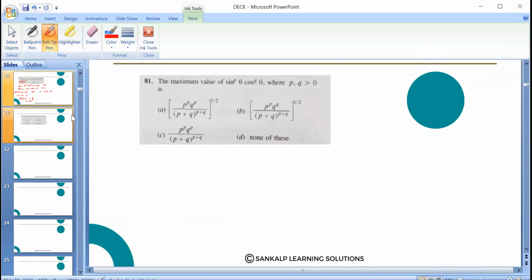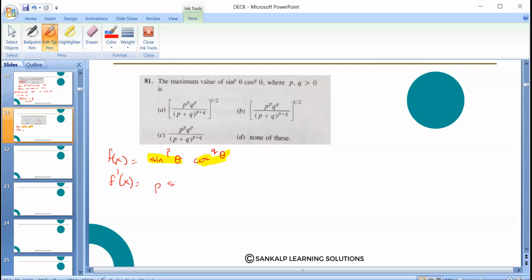The maximum value: take the function sine power p theta cos power q theta. Find the derivative using chain rule. x power p, x power q.